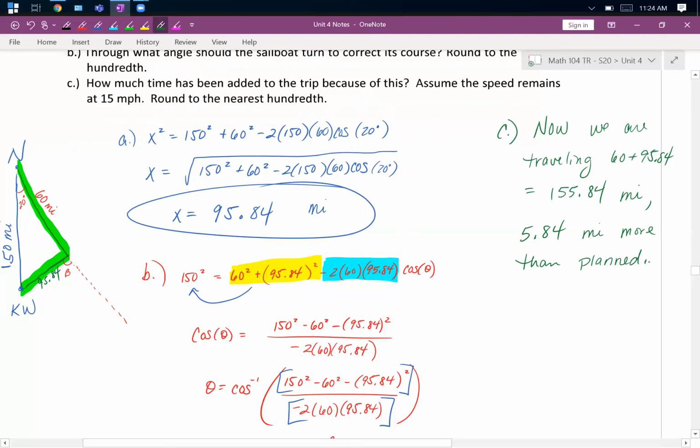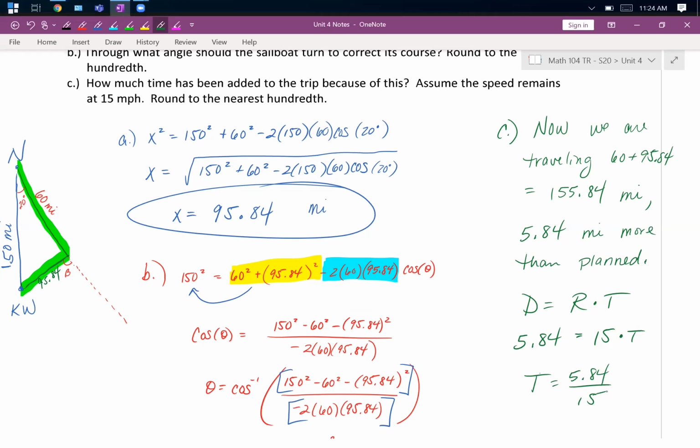If we're going 15 miles per hour, how long is it going to take us to go that 5.84 extra miles? We know that distance is equal to rate times time. The extra distance is 5.84. Our rate is 15. We can find our time simply by dividing. Because our rate is in miles per hour, when we get this time number, it's going to be in terms of hours.